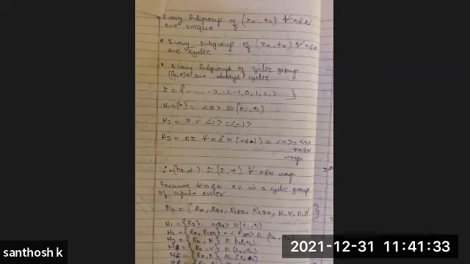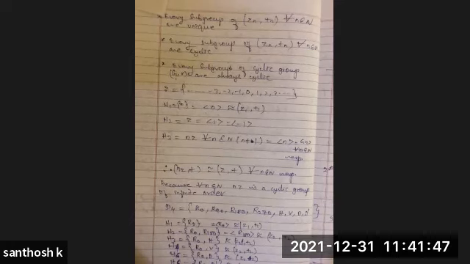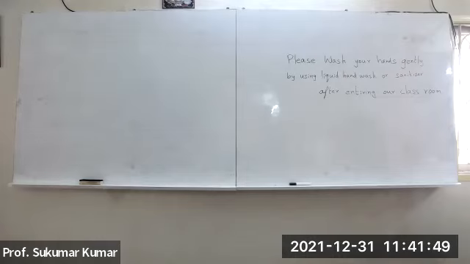Two order elements in D4: 5 elements are there, so 5 subgroups will be there: R0, R180; R0, H; R0, V; R0, D; R0, D dash. And 4 order elements will be 2: R90, R270.